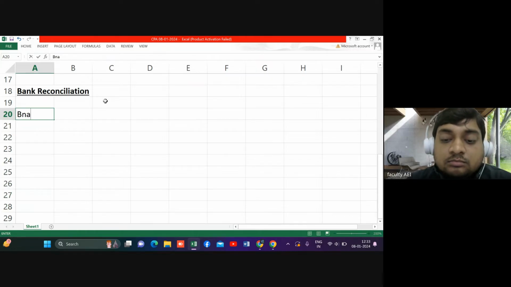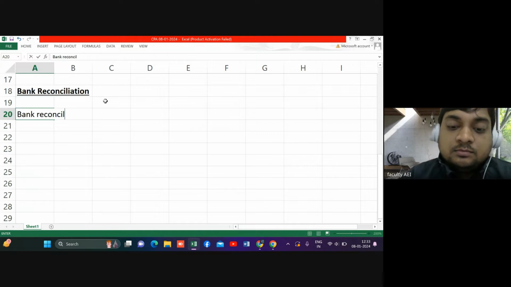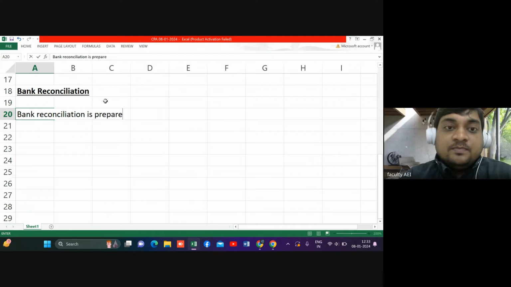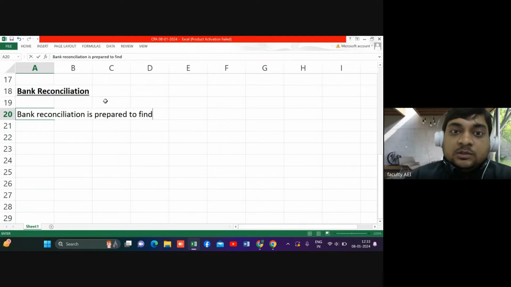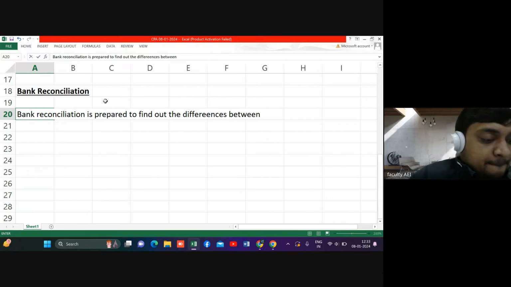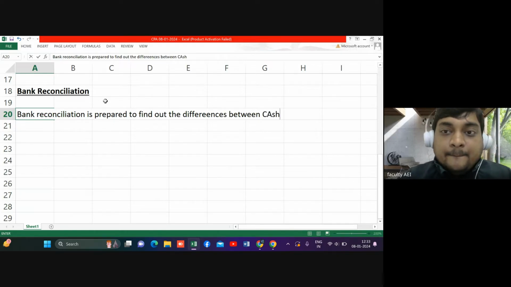So bank reconciliation is prepared to find out differences between cash book balance.